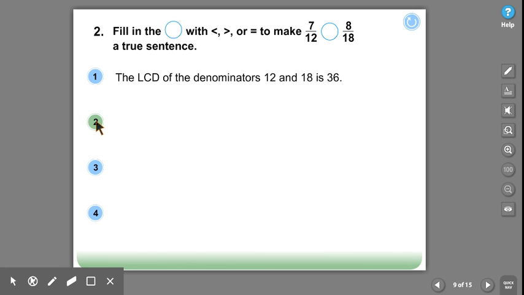So what we're going to have to do now is change the fractions to have a common denominator. Okay, so how do we get from 12 to 36? We would multiply the numerator and denominator by 3. How do we get from 18 to 36? We multiply the numerator and denominator by 2. Just again, really quick, make sure that when you're changing these fractions, the numerator and denominator change for both of them.